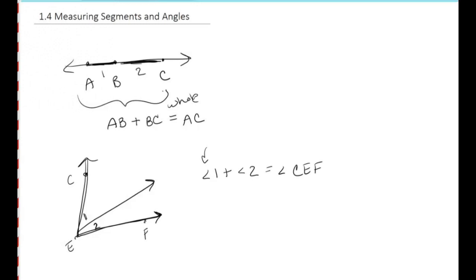So part plus part equals the whole. Those are the two postulates that we're working with in this section. Now let's jump in and work some examples.